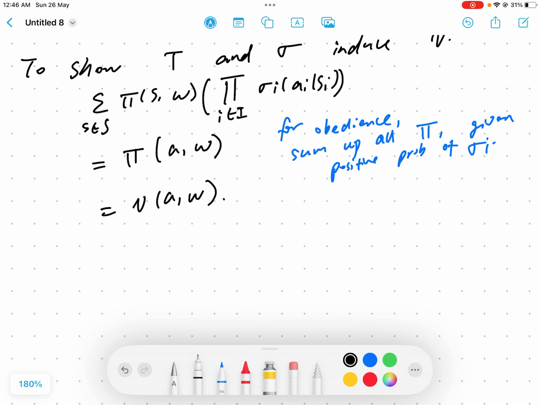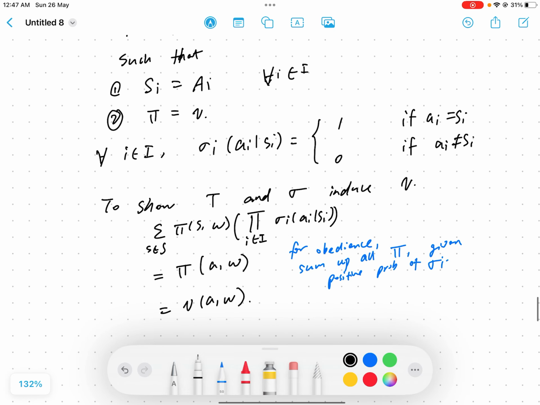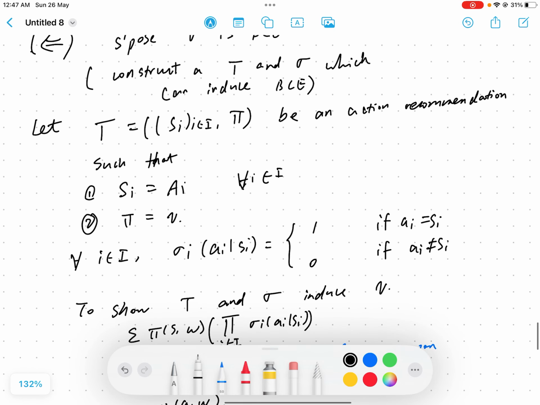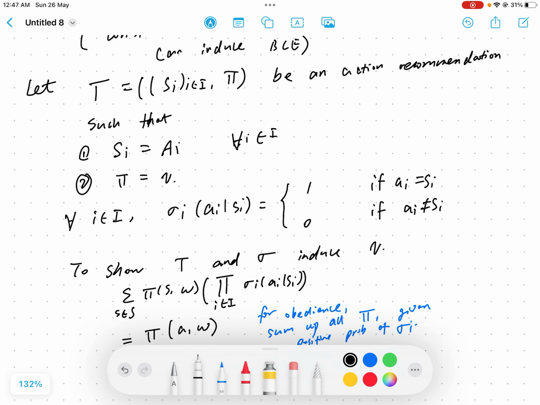So that's the first part, right? We still need to show that this sigma here is the BNE, right?